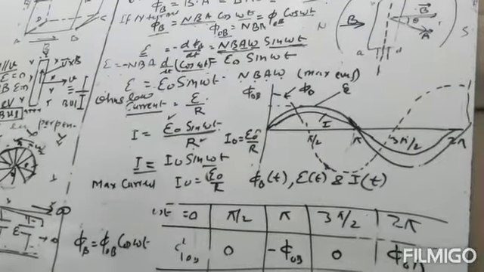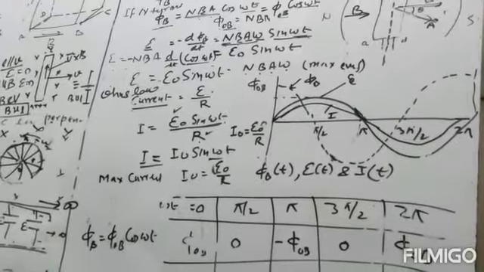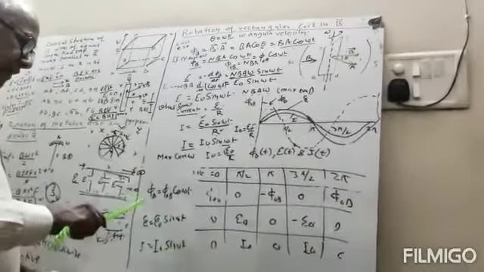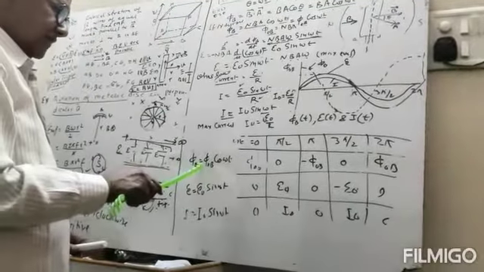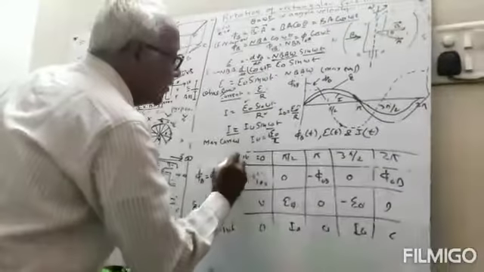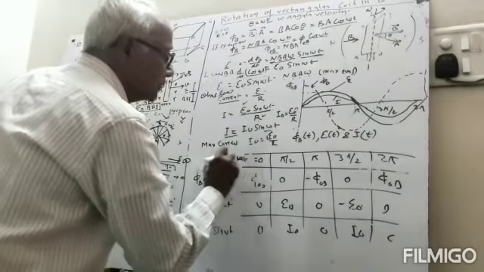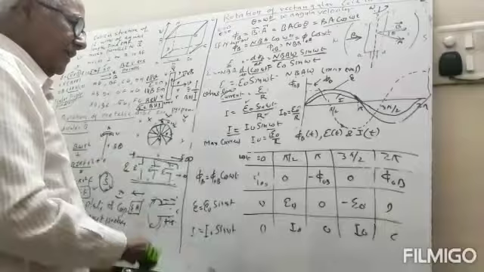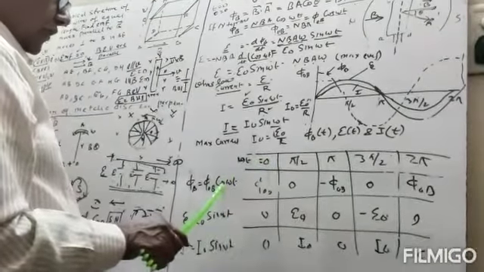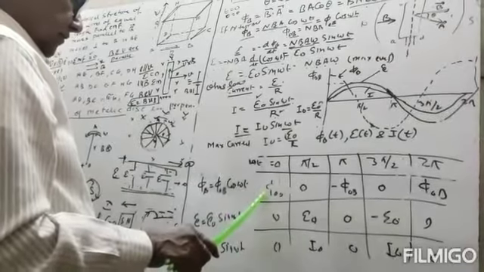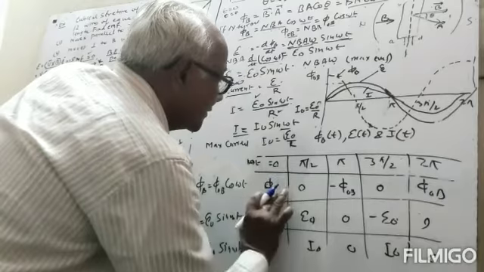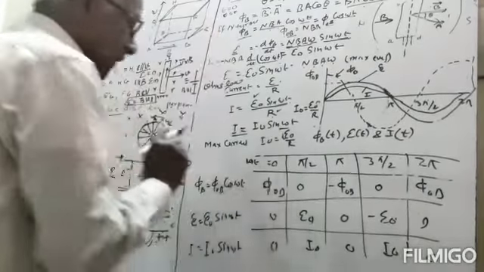Now we know that EMF is equal to E0 sin omega t, current is I0 sin omega t, and magnetic flux is equal to phi 0B cos omega t. If the value of omega t is equal to 0, then cos 0 is equal to 1, so flux will be equal to phi 0B, maximum initially.